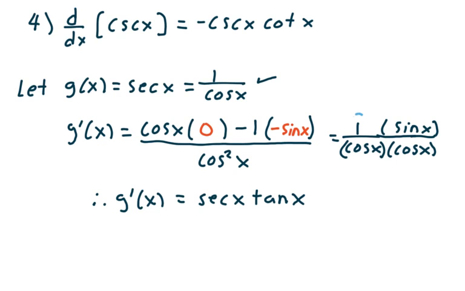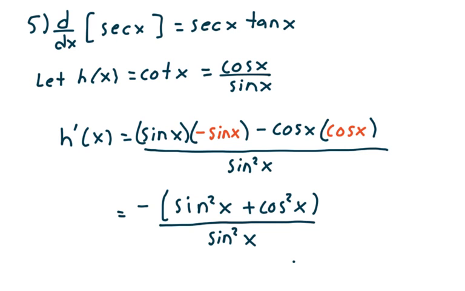Now, if I section this off accordingly, notice that 1 over cosine x is equal to secant x, and sine of x divided by cosine of x is equal to tangent x. So g prime of x is secant x times tangent x. And that leads us to rule 5. Rule 5 says the derivative of secant x with respect to x is secant x times tangent x.